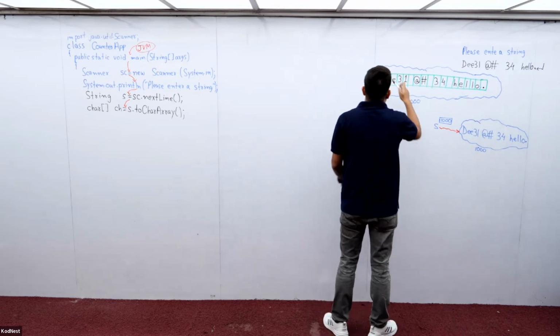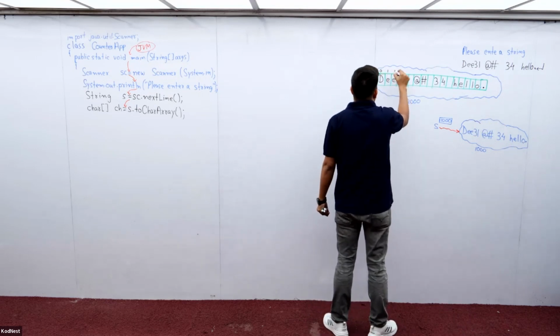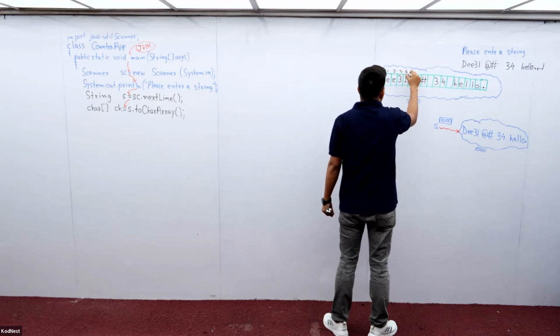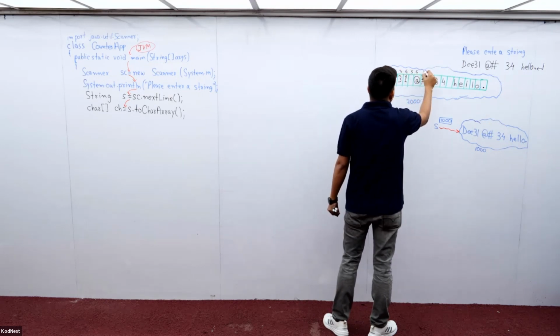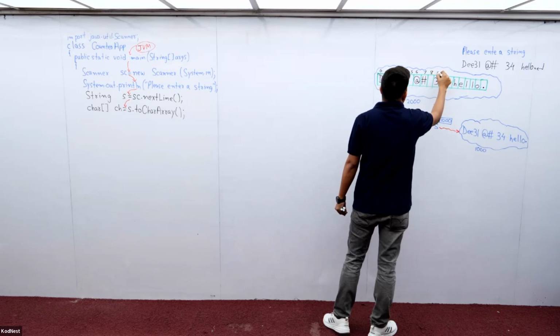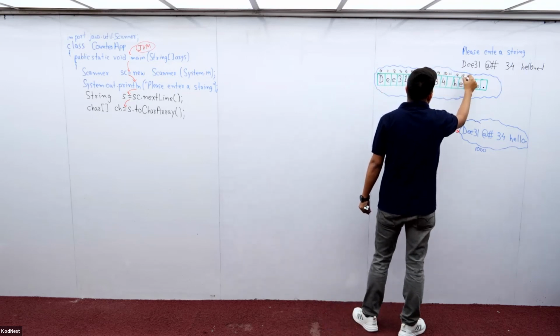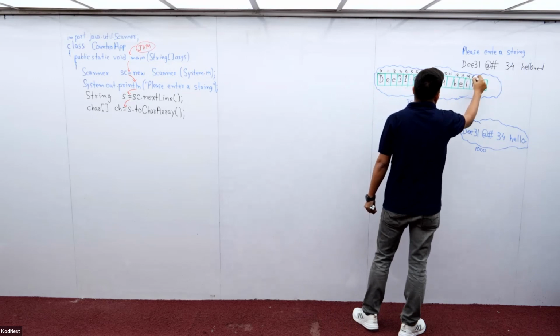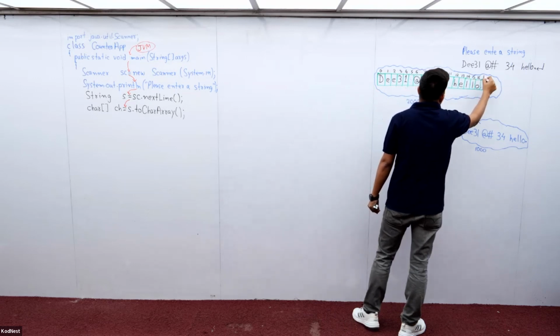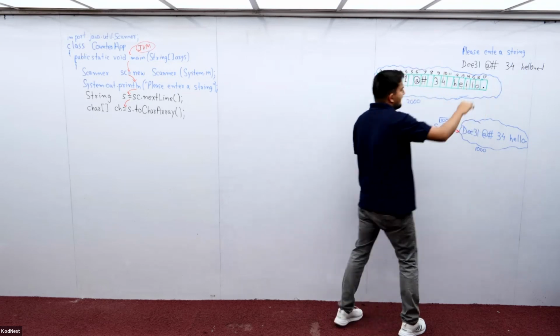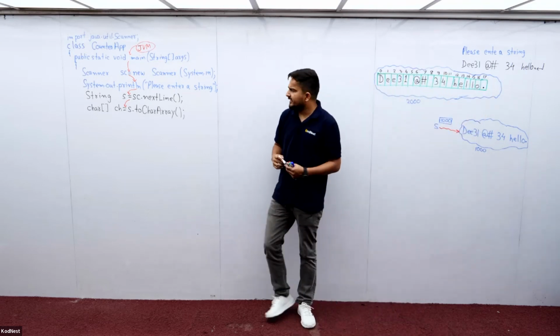Maybe index 0, 1, 2, 3, 4, 5, 6, 7, 8, 9, 10, 11, 12, 13, 14, 15, 16, and 17. So like these things are going to be represented in the memory.